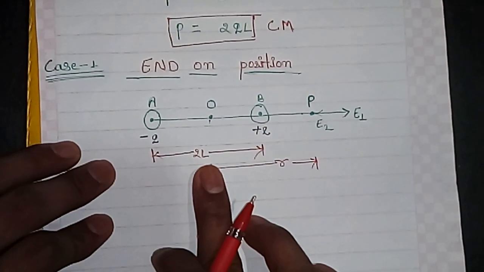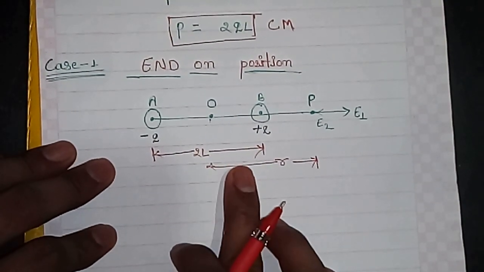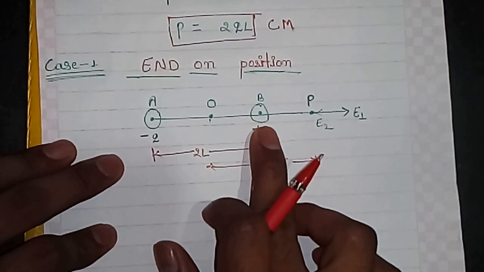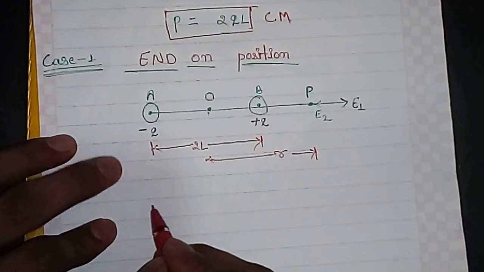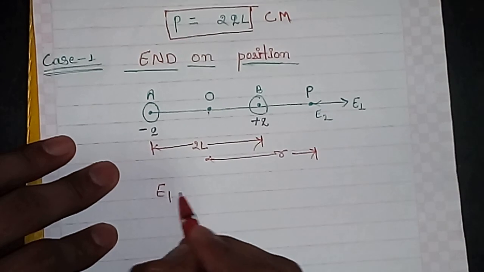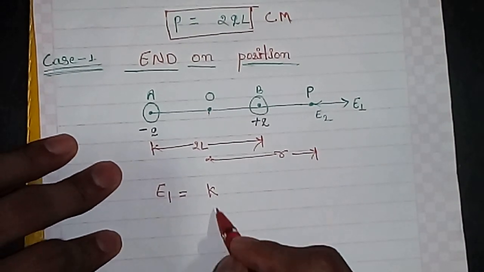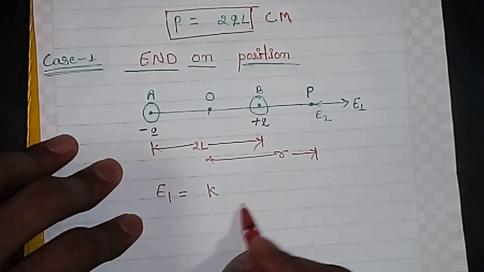The electric field at P due to the plus q charge at B we can write as E1 is equal to k into q upon r square. We know that the electric field is kq upon r square.